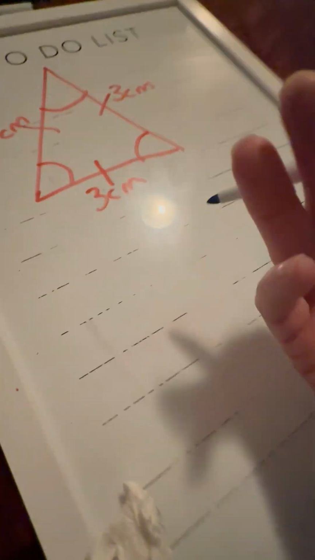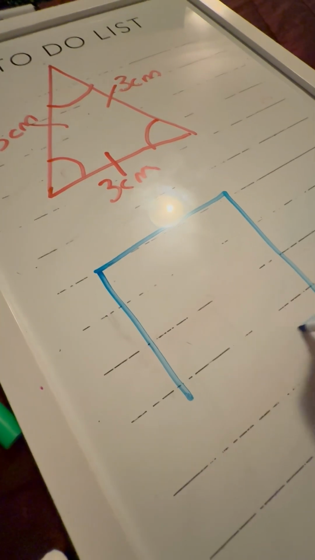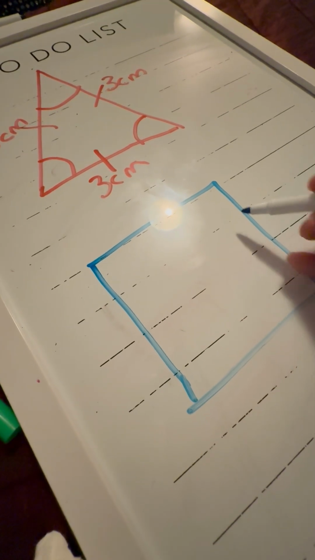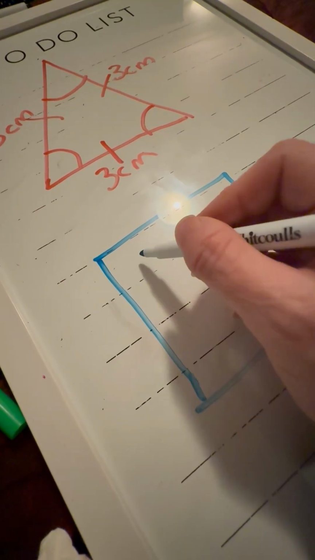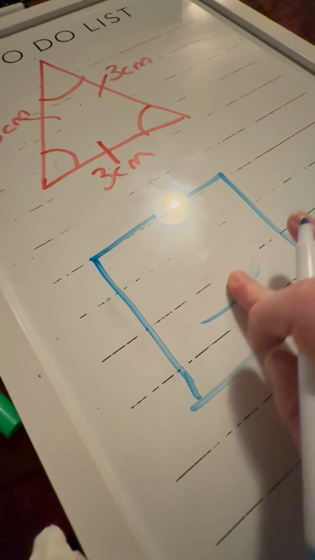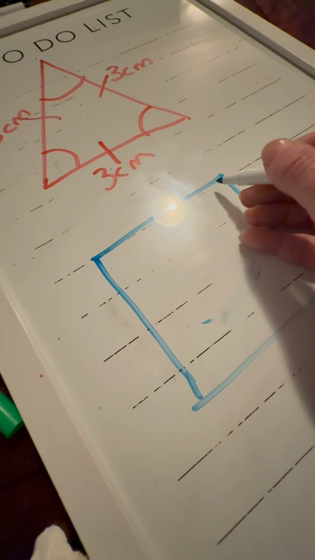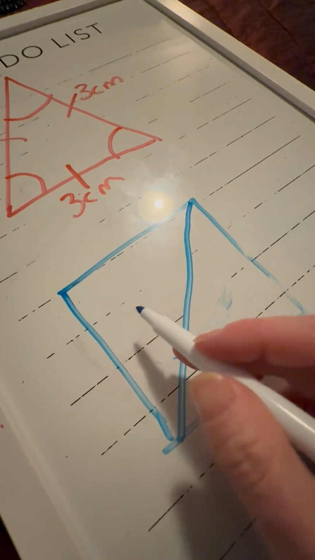Now you remember that in our squares, all the angles inside a square always added up to 360. And we can divide a square in two to make 2 triangles.